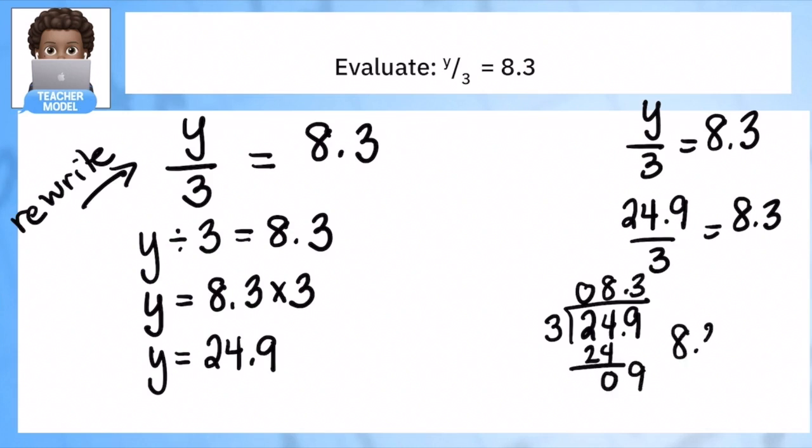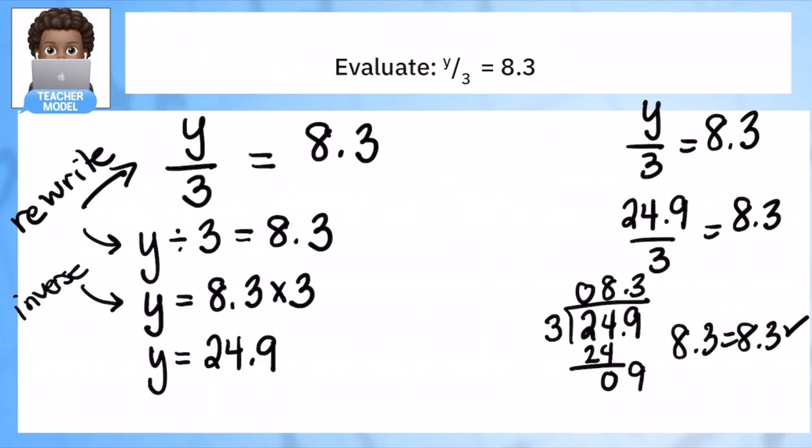So I do get 8 3/10 is equal to 8 3/10. So this is one way that works really well. Again, you're just rewriting the expression into a division, and then you're using the inverse to rewrite the problem. So this one works out very, very well.